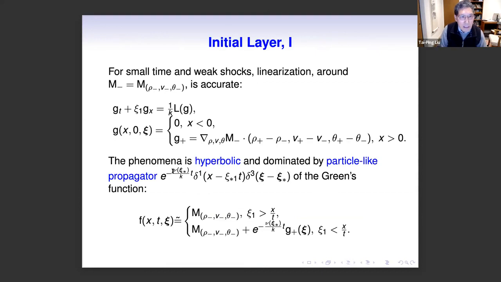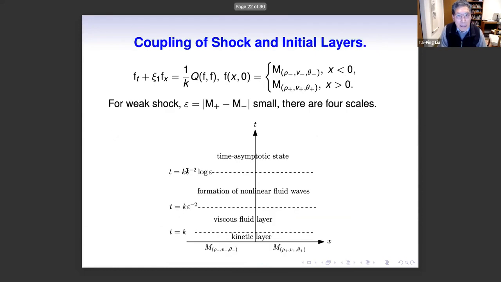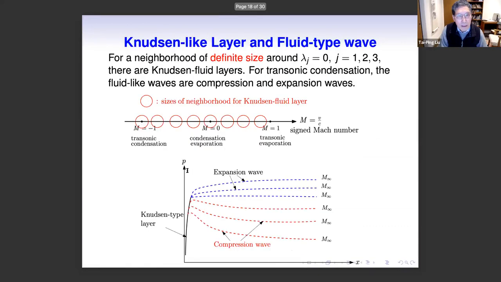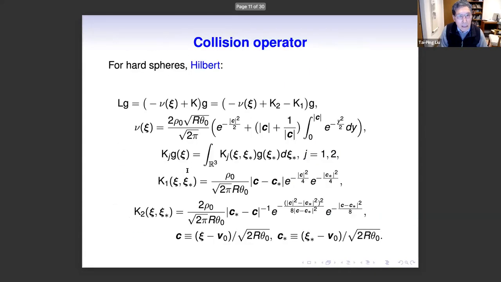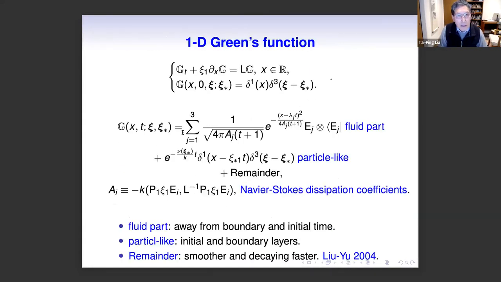Since nu is linear in Kc, it's really hyperbolic. If it's not linear in Kc, then the scale will not be so hyperbolic. And the Green function, one would believe this should be true.